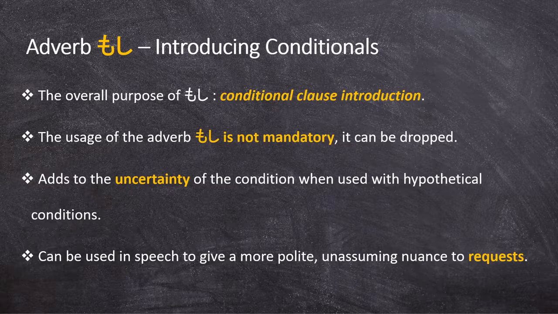So that is also something that you need to keep in mind. And really, that's all that you need to know about it. So always keep in mind that it is used primarily to introduce your sentences as conditionals, but its usage is not mandatory. It can be dropped.